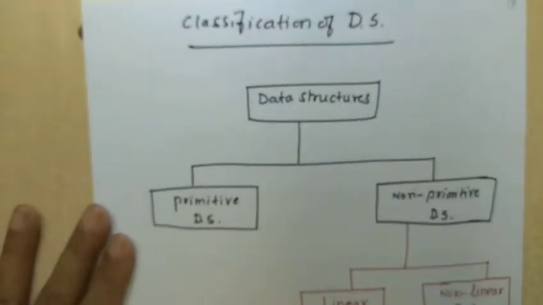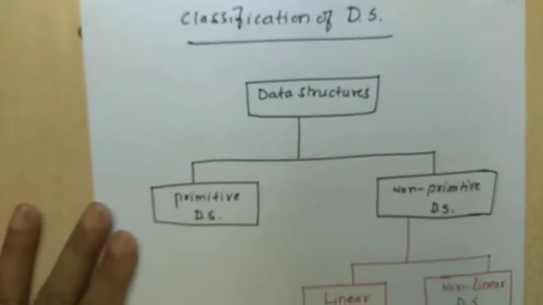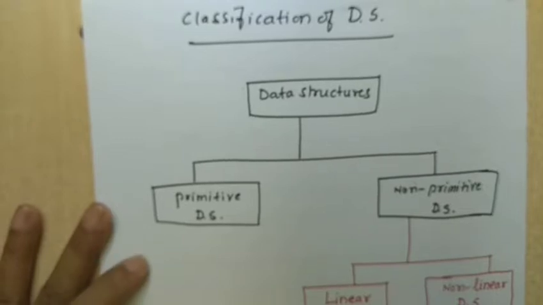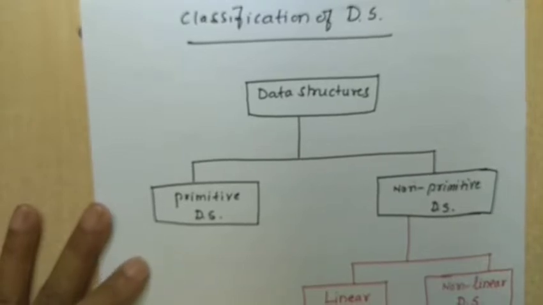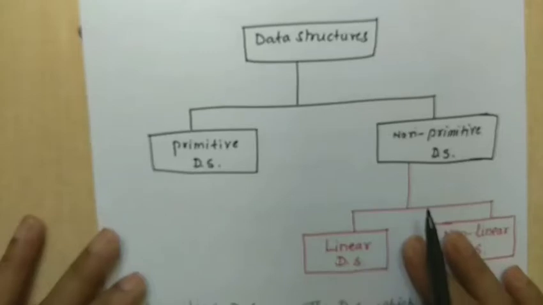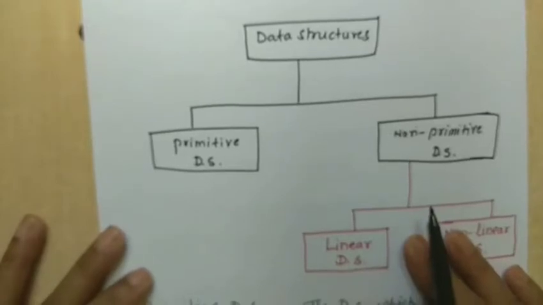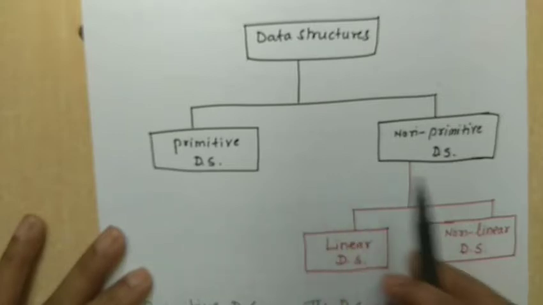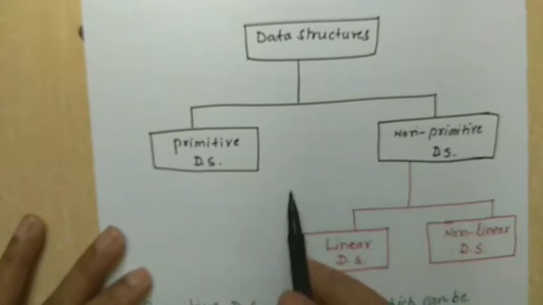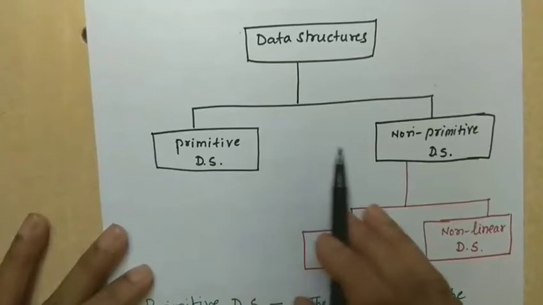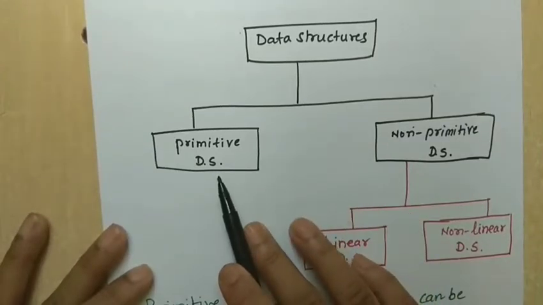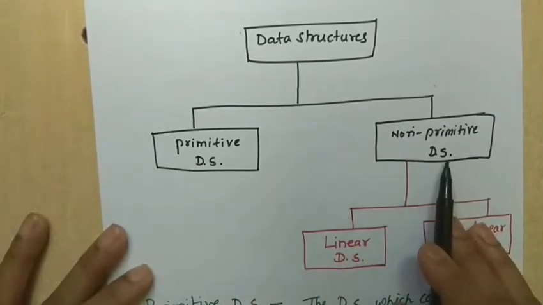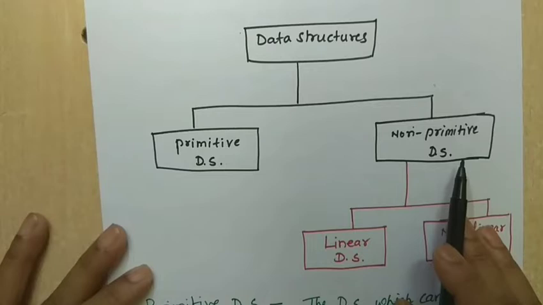I gave the definition of data structure. Now let us see the classification of data structure. A data structure is a systematic way of organizing the data so that it is used efficiently. There are two types of data structure: primitive data structure and non-primitive data structure.